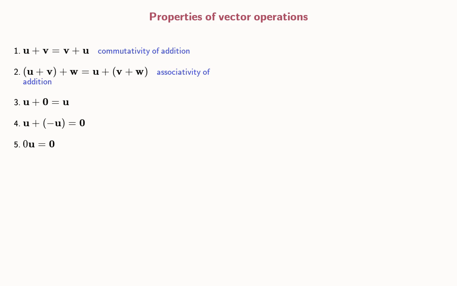If we multiply any vector by the number 0, we get the zero vector. If we multiply a vector by 1, we just get back the same vector. Then if we scale by a number b and then scale that by a number a, that's the same as scaling by a times b all in one go.